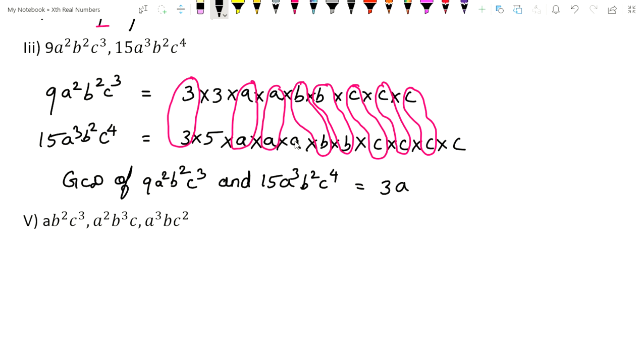So a power 1 into a power 1, 3a square. Here b into b, b square. Then c, 1, 2, 3 times it occurs, so c cube. So the GCD of 9a square b square c cube and 15a cube b square c power 4 equals 3a square b square c cube. Do you understand, children? See the next one.